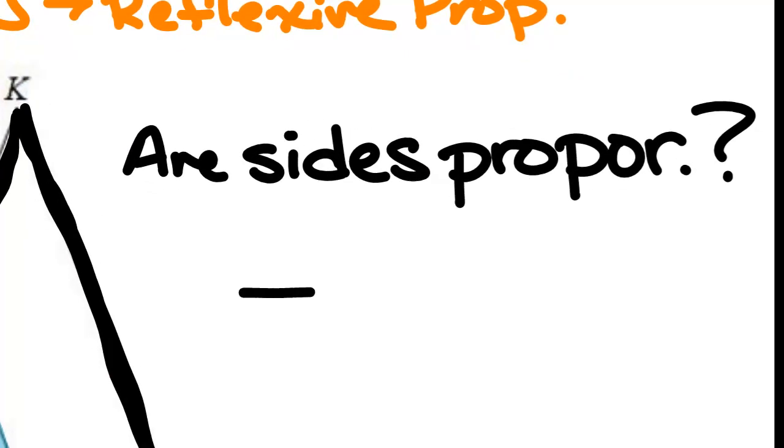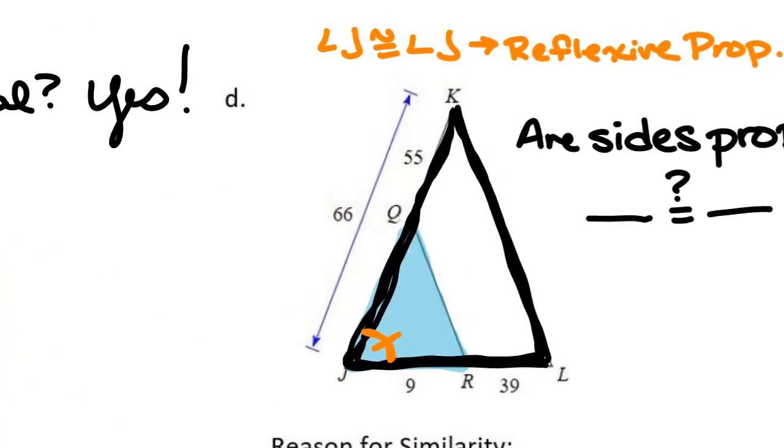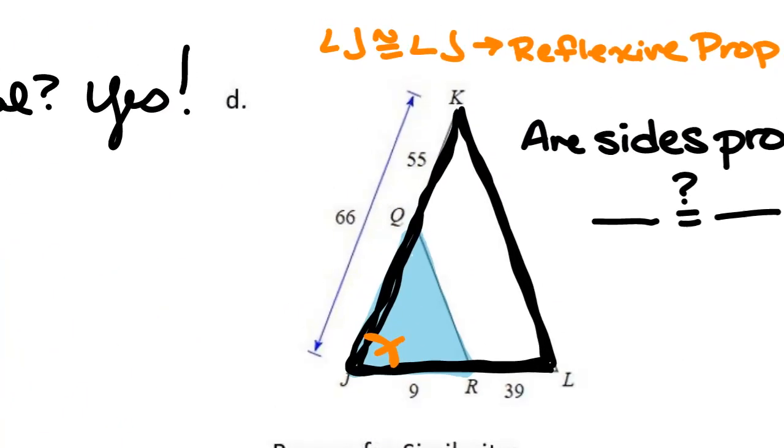Are these sides proportional? So fraction, is it equal to this other fraction? So I'm going to match up my corresponding sides. We have this side of the big triangle that is 66, and that would correspond to this side right here of the blue triangle, but I don't know how big it is.